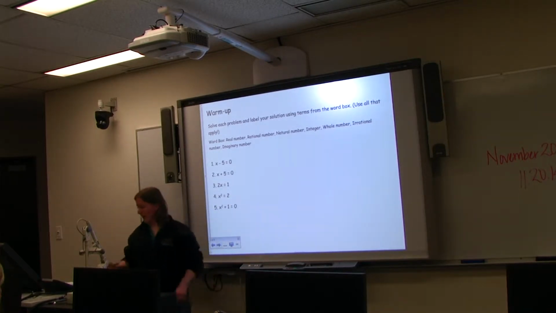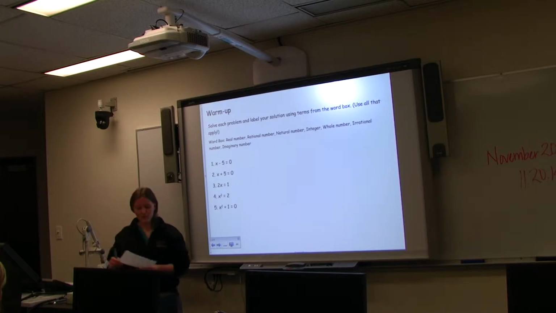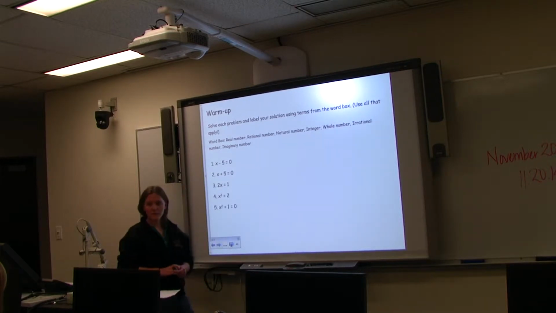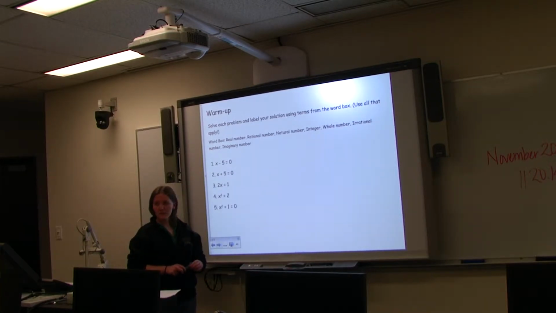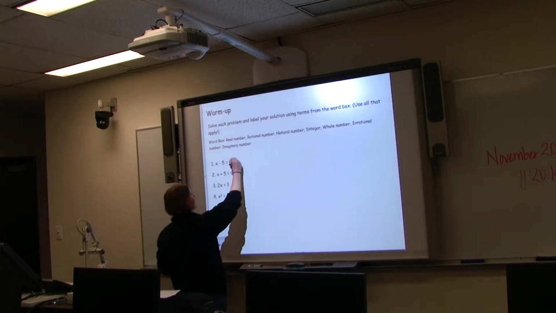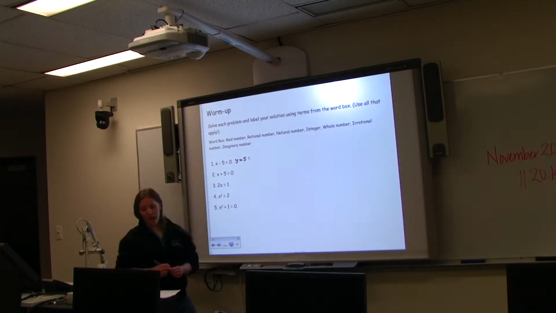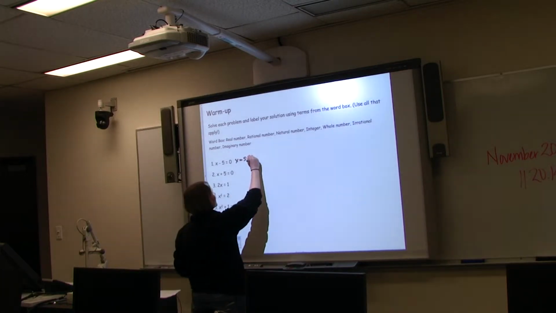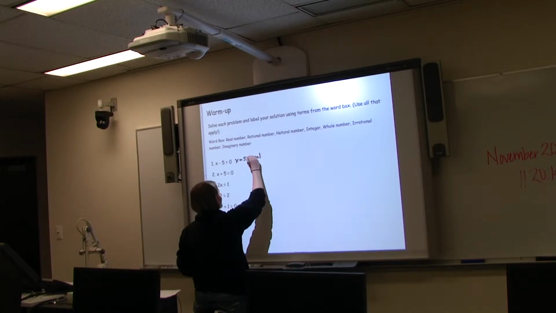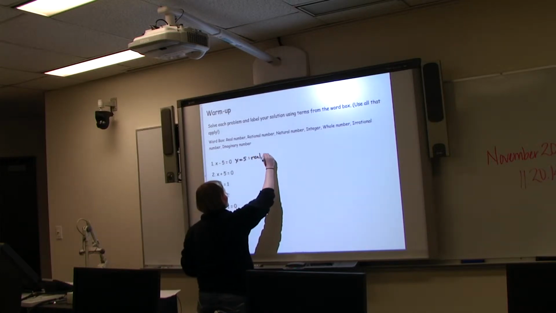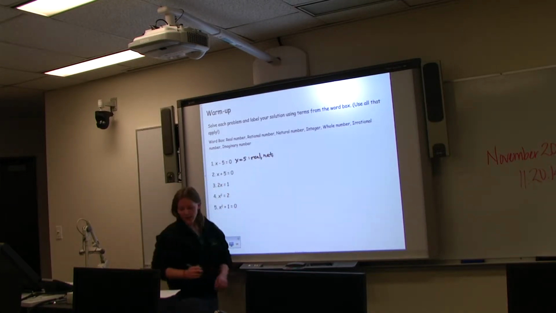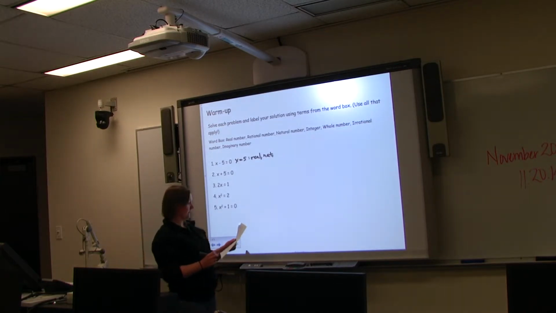So what did we get as our first solution? Steven? x is equal to 5. Good job. And how did you classify it? A real number, a natural number, I think an integer too.